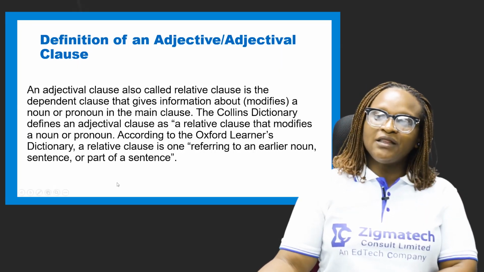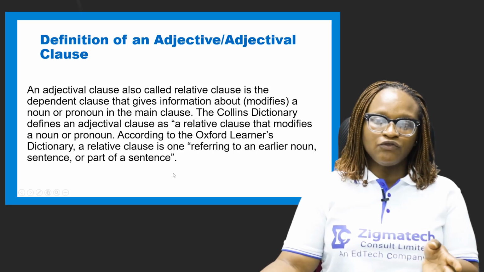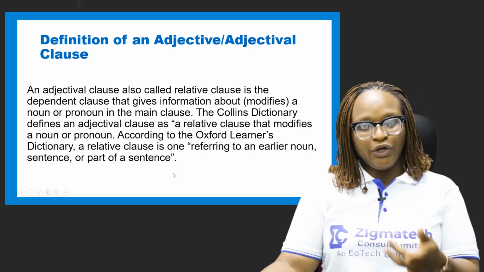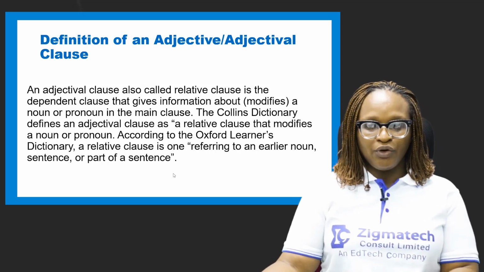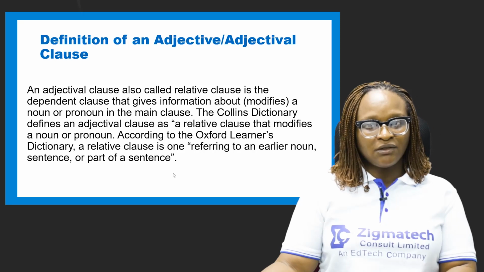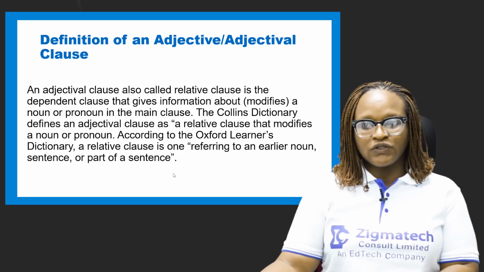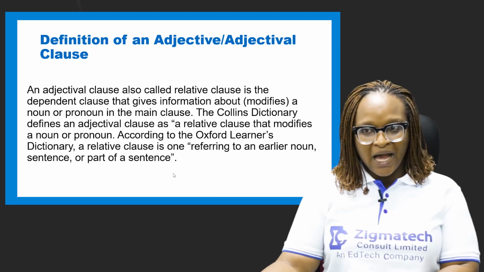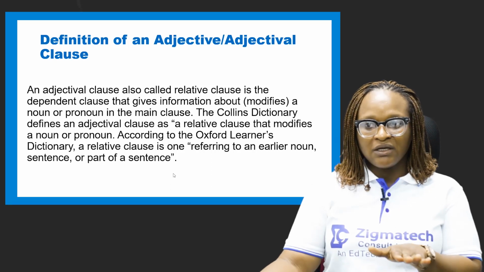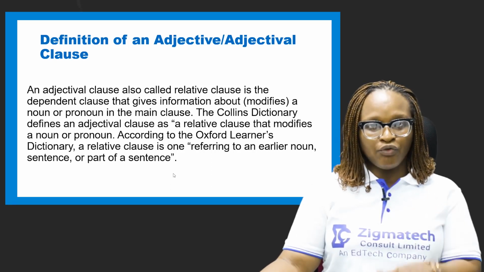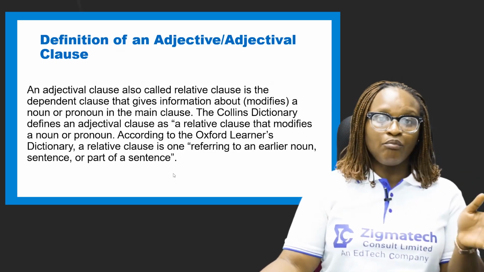Alright, looking at the Collins Dictionary, it defines adjectival clause as a relative clause that modifies a noun or a pronoun. Now, I did not mention the reason for referring to adjectival clause as relative clause. It's that the words that introduce the adjectival clause are the relative pronouns.